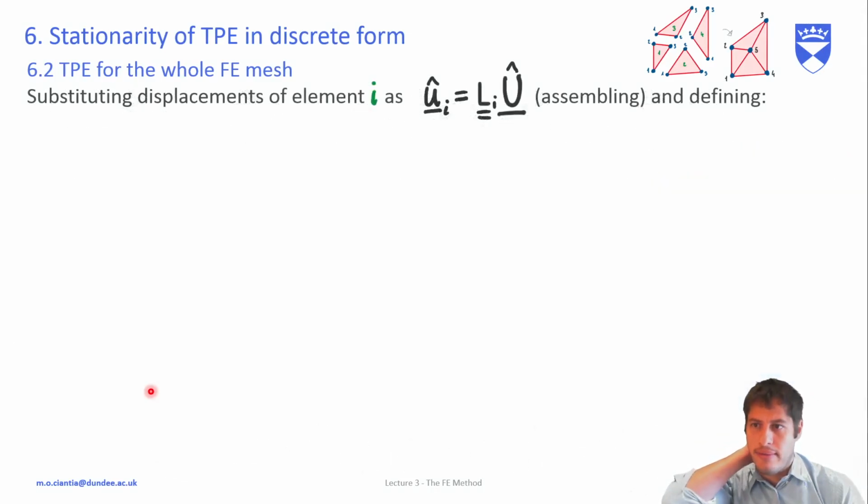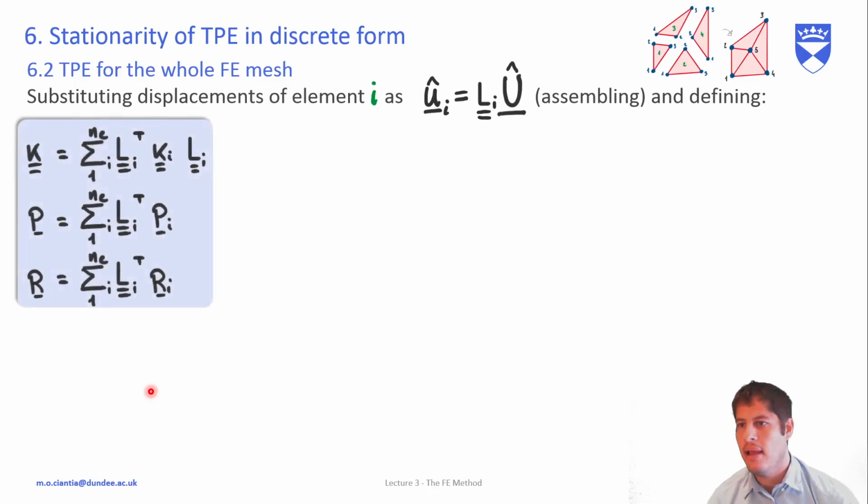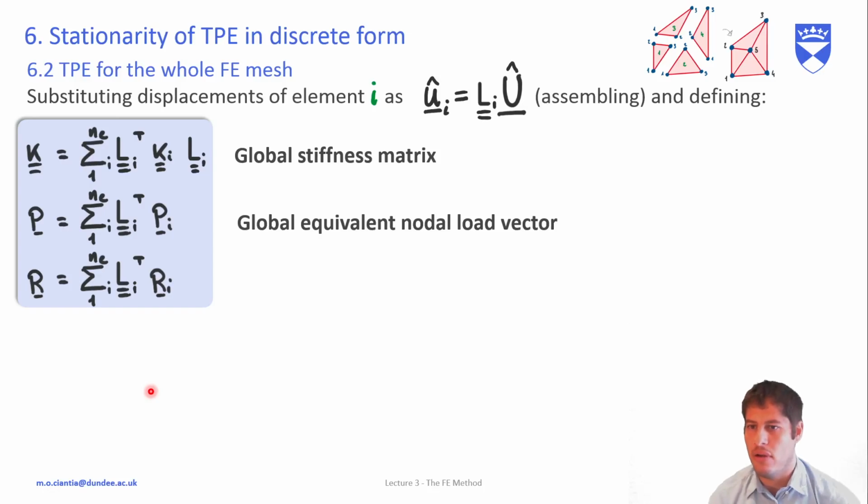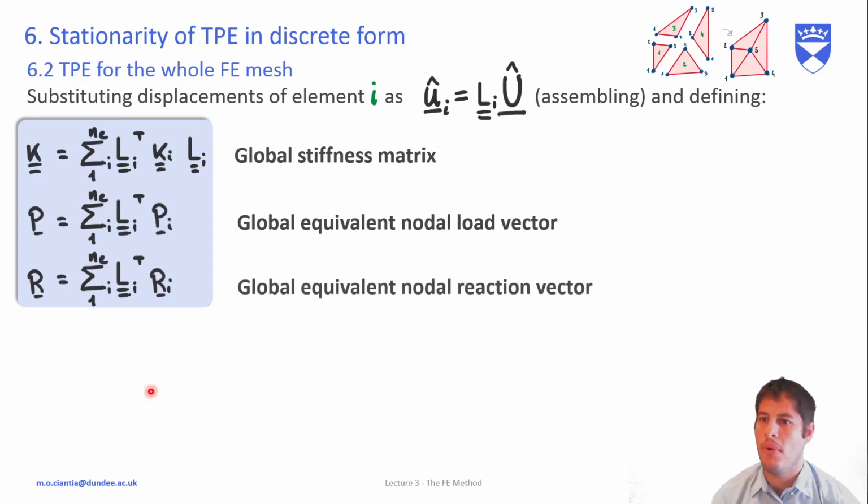At this point, we substitute the displacements of element i using the global nodal vectors, okay, using the Boolean matrix L_i, and so we define K, P, and R as the global stiffness matrix of the whole system, the global equivalent nodal load vector, and the global equivalent nodal reaction vector, okay?